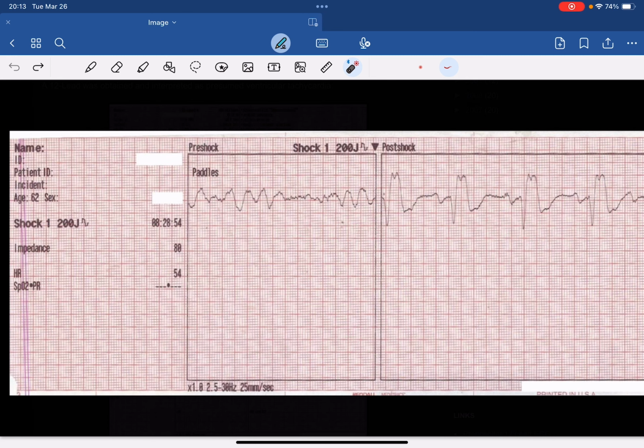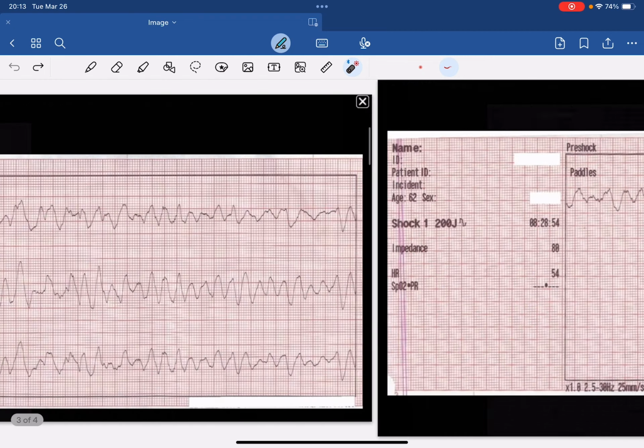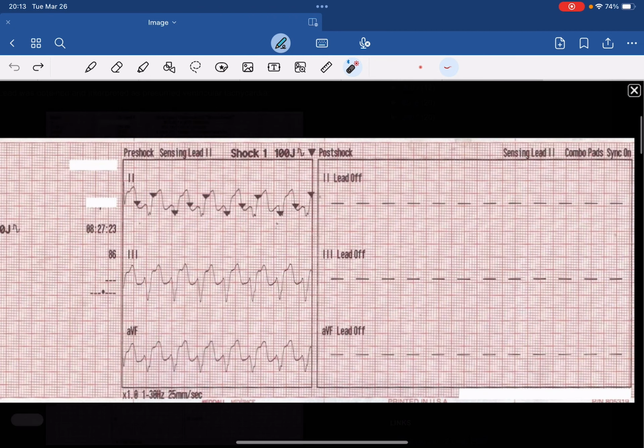So take home points, make sure that your sync spikes are in fact syncing to the R waves or S waves and not the T waves.